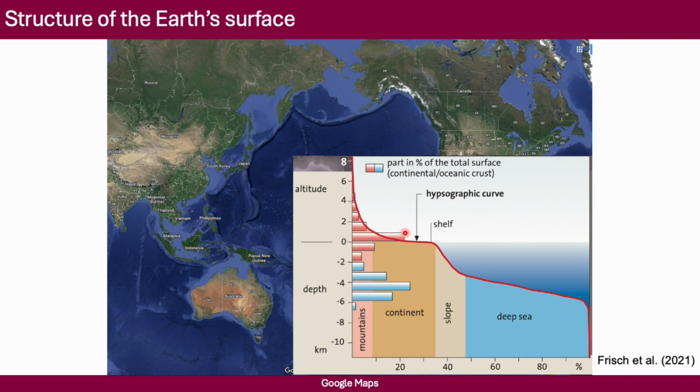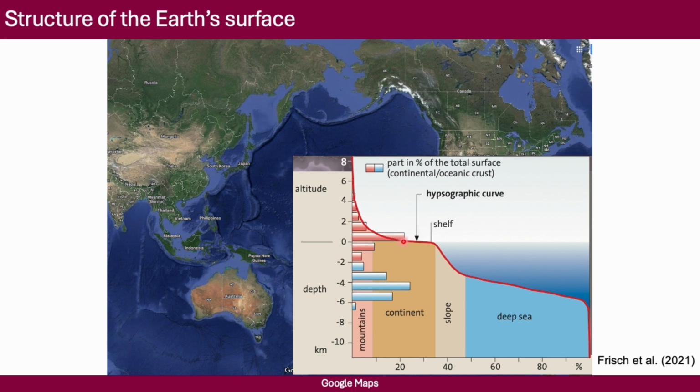It shows the distribution of elevation on the continents and water depths in the ocean relative to sea level. So values above 0 represent land elevation, whereas values below 0 represent ocean depths. An important feature is that the graph has two major peaks.